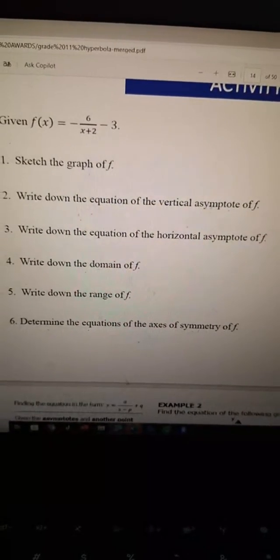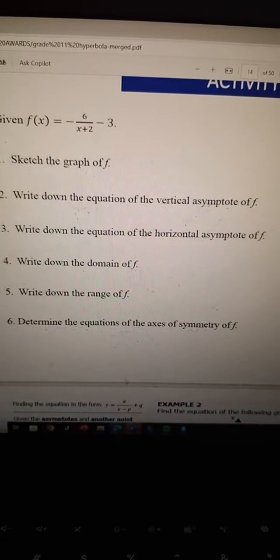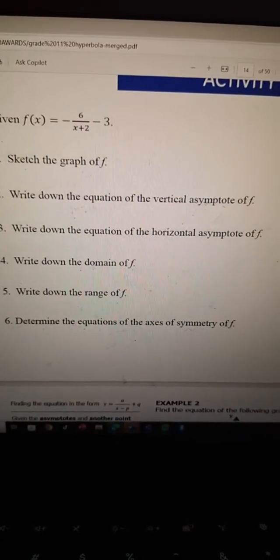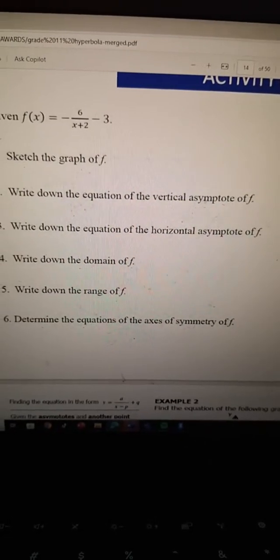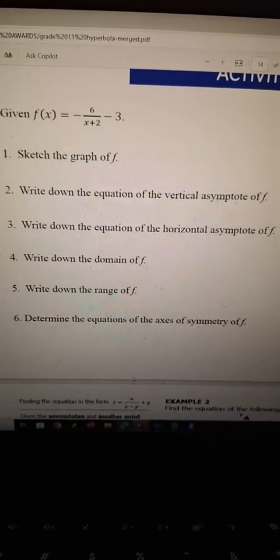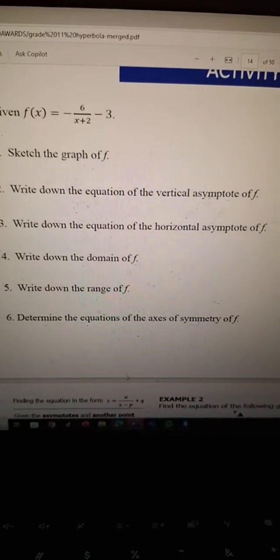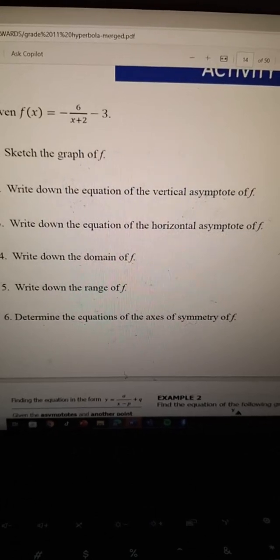By doing that, we can slowly but surely solidify our understanding of these functions, so that at the end of the day we can do this effectively, efficiently, and in the most accurate way possible.